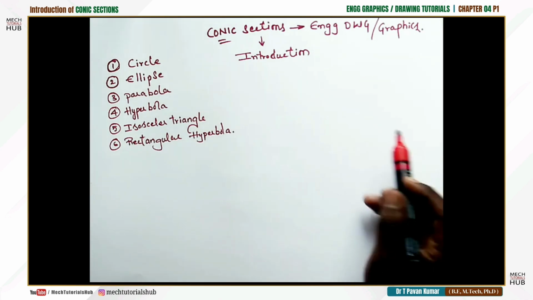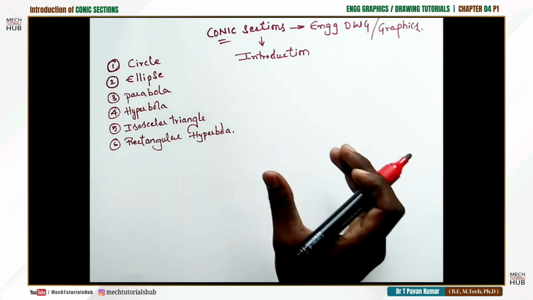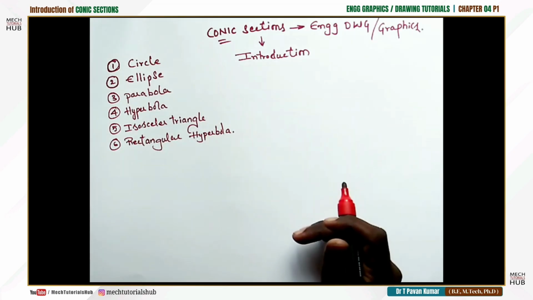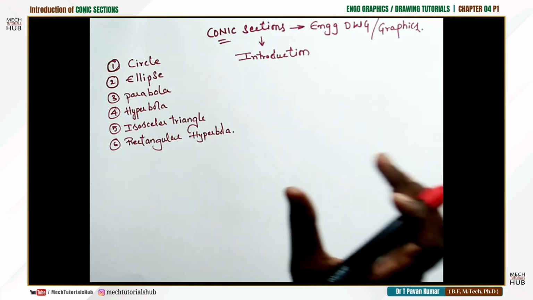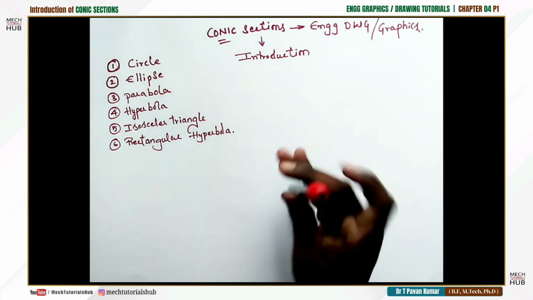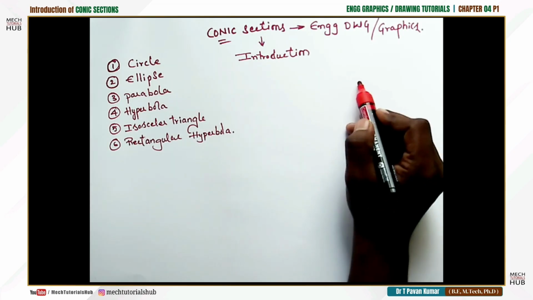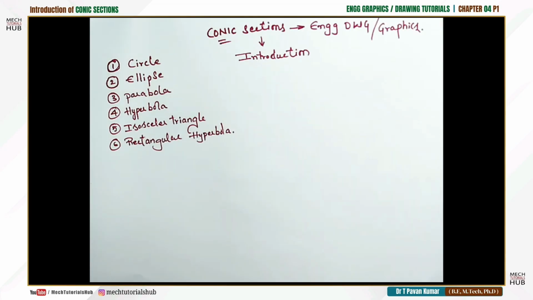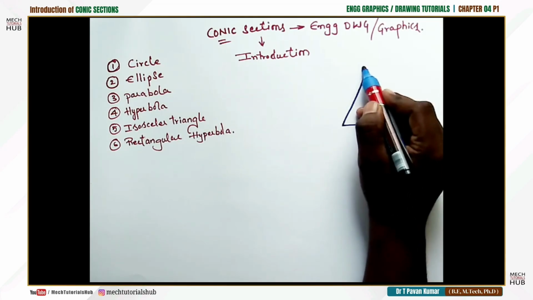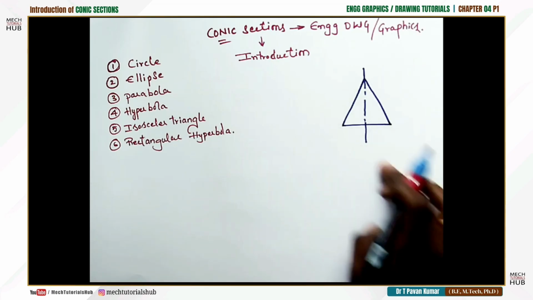Now for example, if I look at a cone placed on a flat surfaced table with its circular base resting on the table, it means the axis is completely perpendicular to the table. When I view from the front, I could see a triangle followed by an axis line, and when I view from the top, I could see a circle.